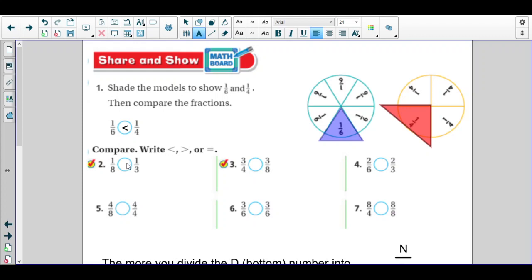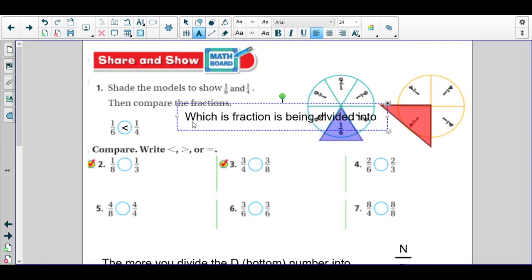All right, let's do some comparing here. And here's the question that we just need to ask ourselves. Which one is being divided into more pieces? All right, so let's go ahead and make that kind of our question here. Which fraction is being divided into more pieces?